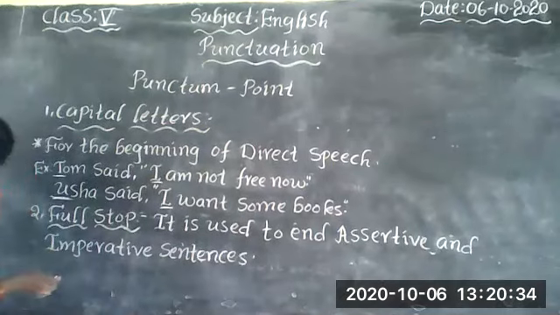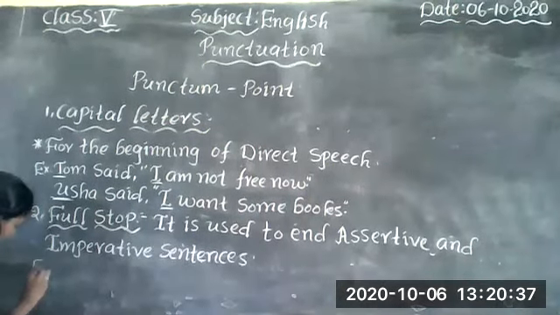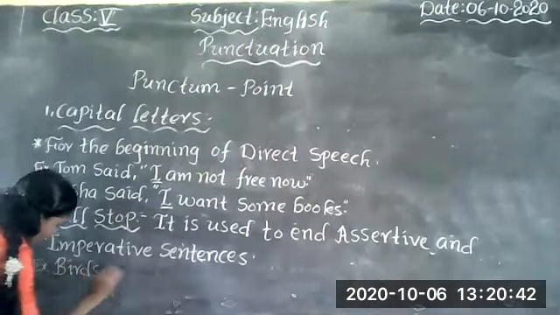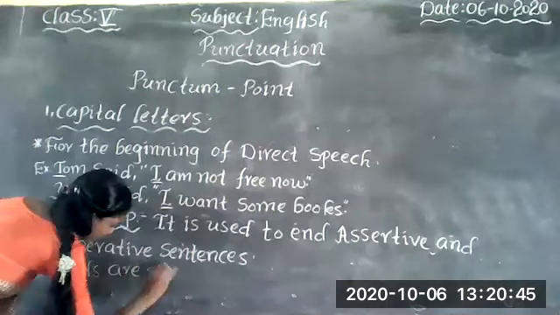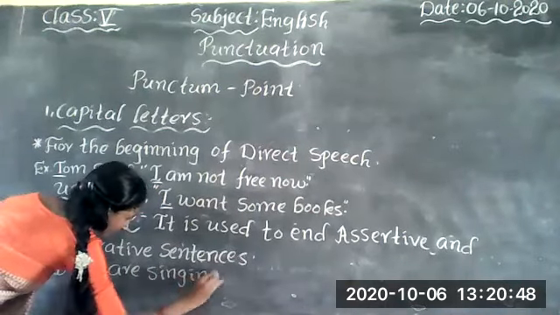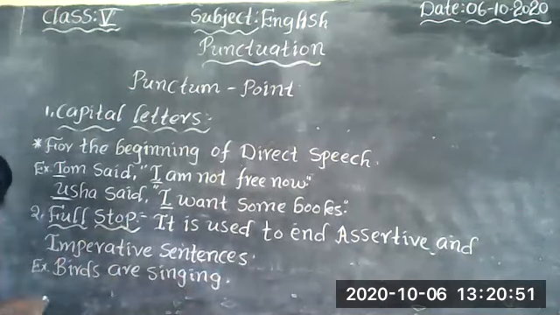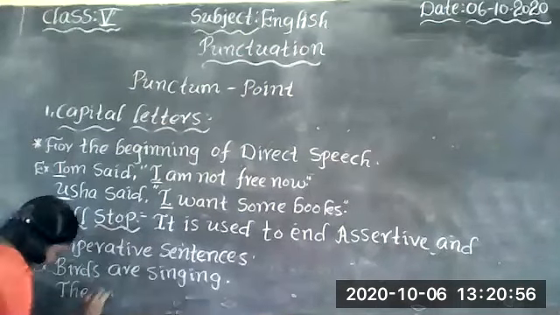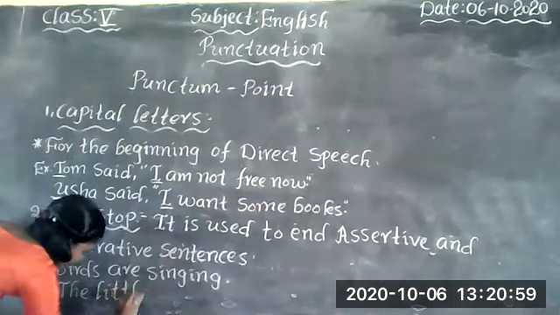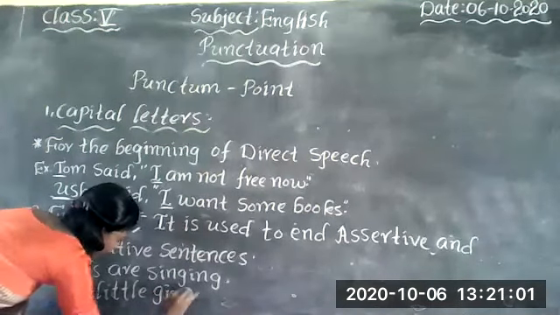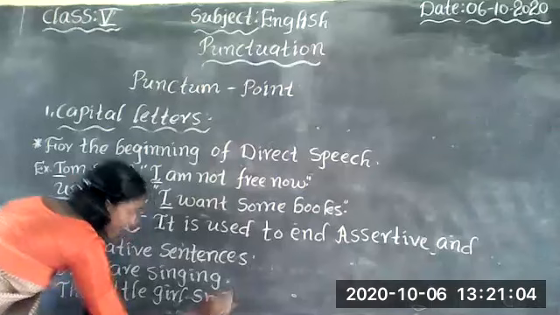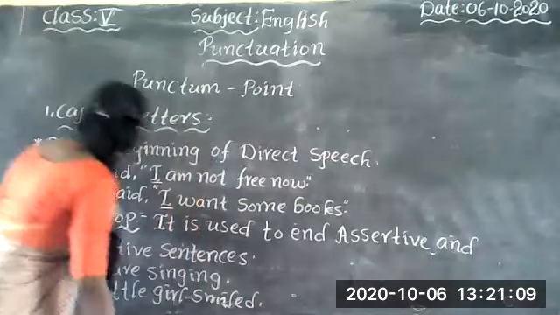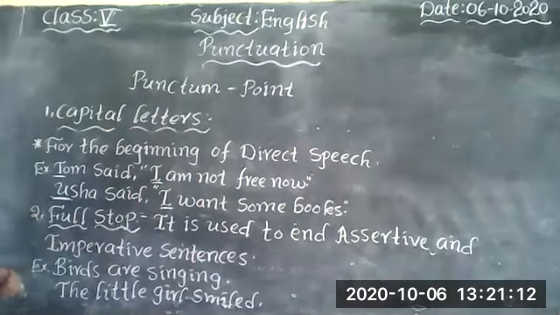For example, birds are singing. And the little girl smiled. See, this is an assertive sentence.